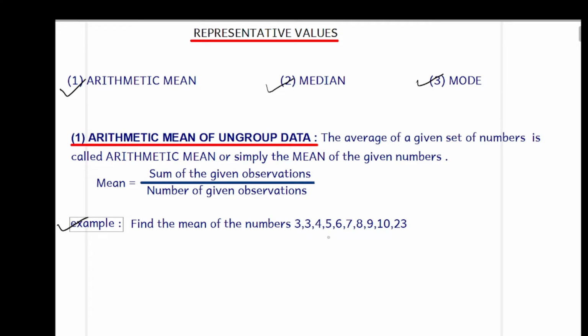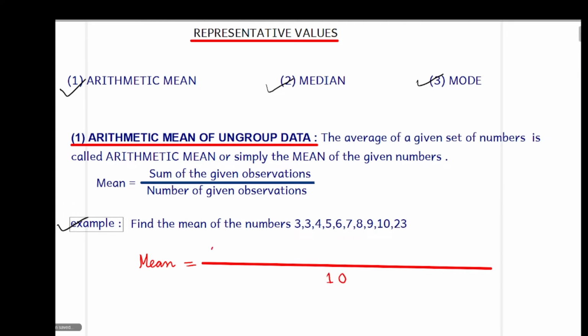Find the mean of these numbers. So how to write mean? Mean equals. First of all, we will count how many numbers there are: 1, 2, 3, 4, 5, 6, 7, 8, 9, 10. There are 10 numbers.